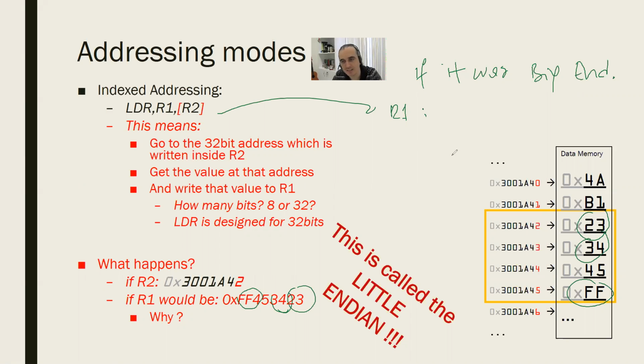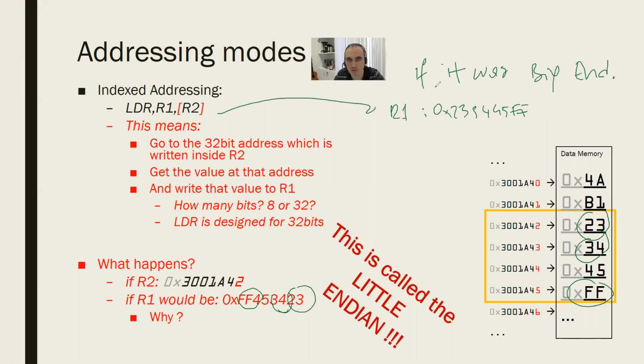The highest address value goes to the least significant byte. So it would have been the exact opposite, like 23, 34, 45, FF. So this value written here, this value written here.